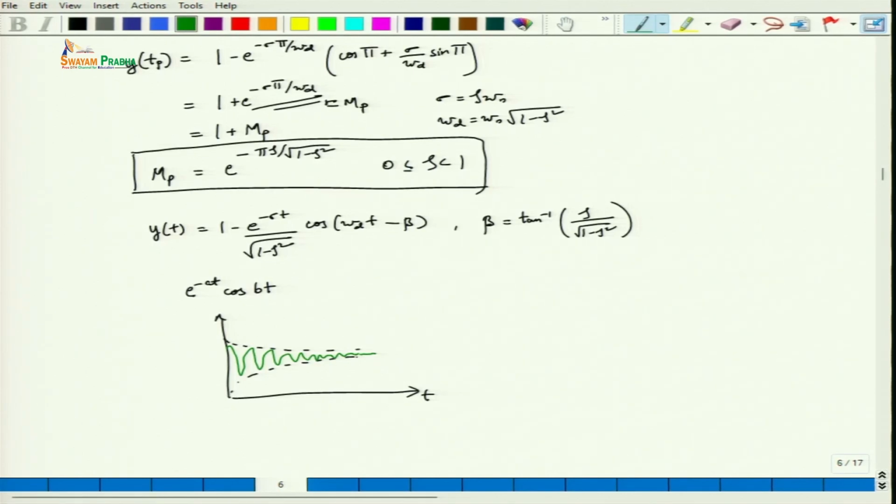So, for that we are just going to consider e to the power minus sigma t, and since we are interested in settling time Ts, we consider when it lies within 0.01.